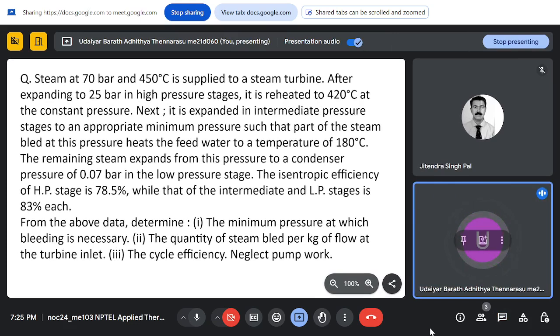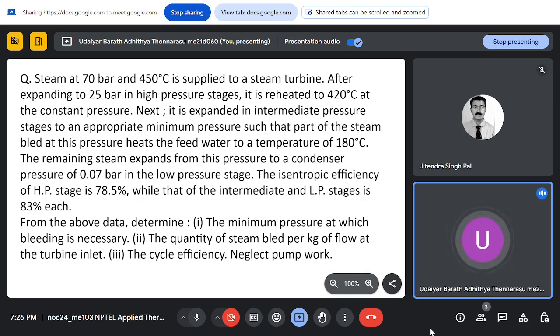So the last question is, we have steam at 70 bar and 450 degrees Celsius supplied to a steam turbine. After expanding to 25 bar in high pressure stages, it is reheated to 420 degrees Celsius at constant pressure. Next, it is expanded in intermediate pressure stages to an appropriate minimum pressure, such that part of the steam is bled at that pressure to heat the feed water to a temperature of 180 degrees Celsius.